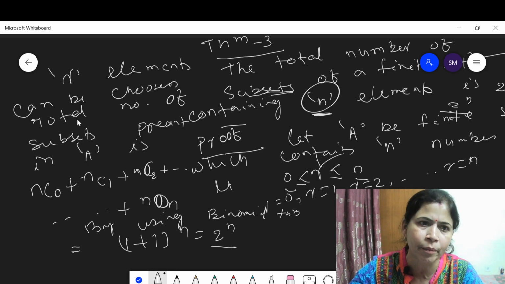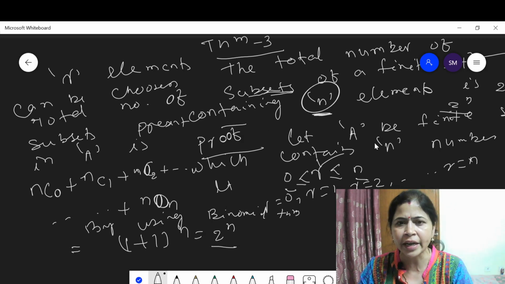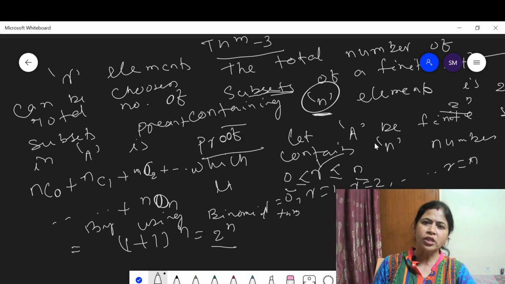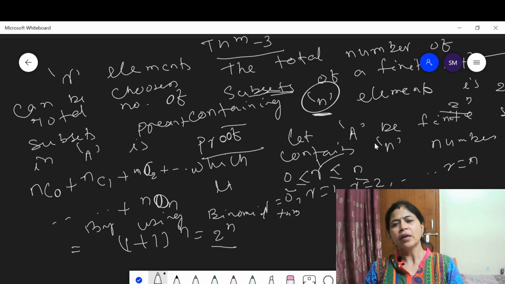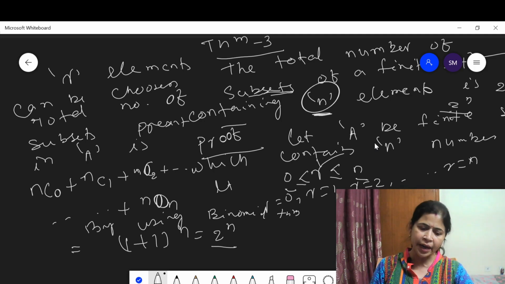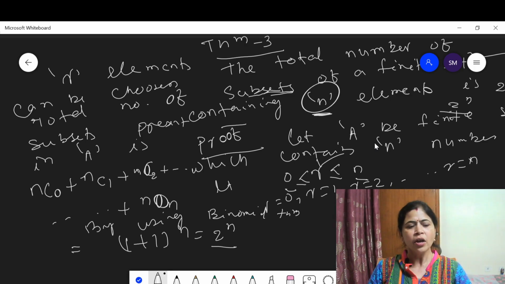Hence here we proved that, let A be a finite set which contains n elements. Let r be the number between 0 and n, meaning r is the number of elements present in a subset of A. r may be 0, 1, 2, 3, up to n.